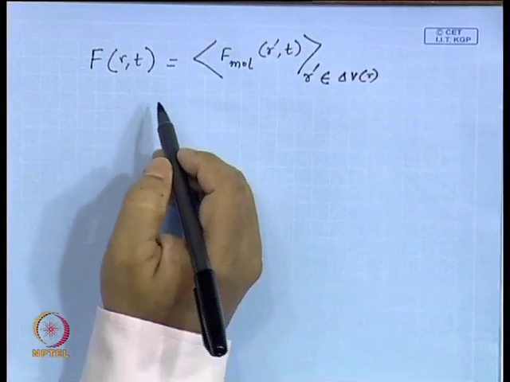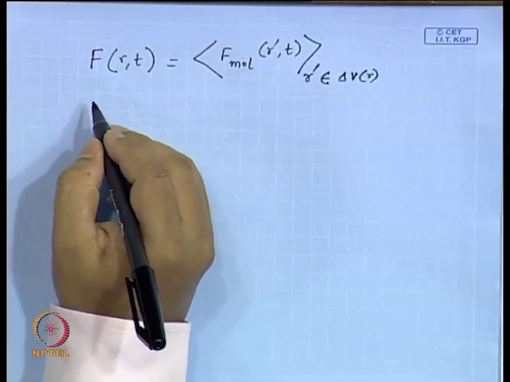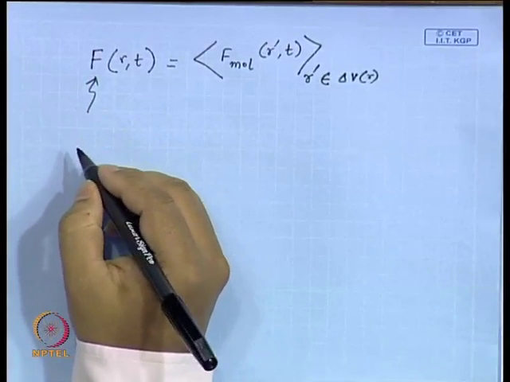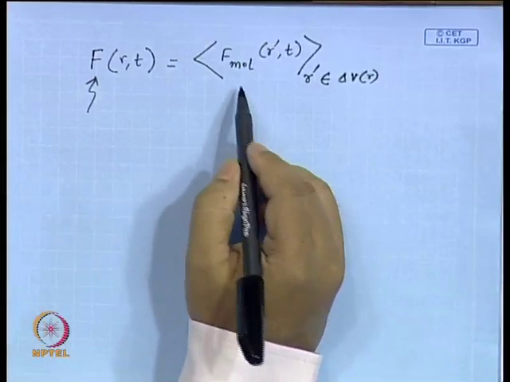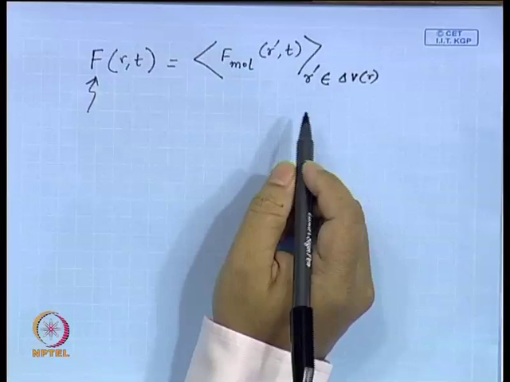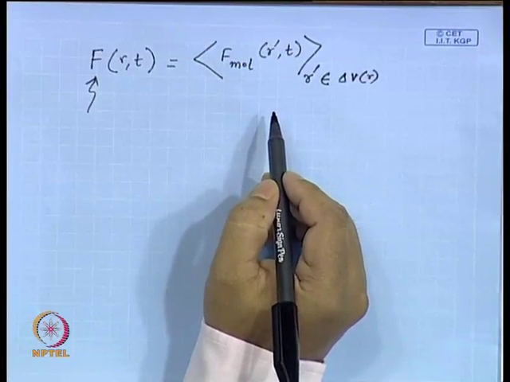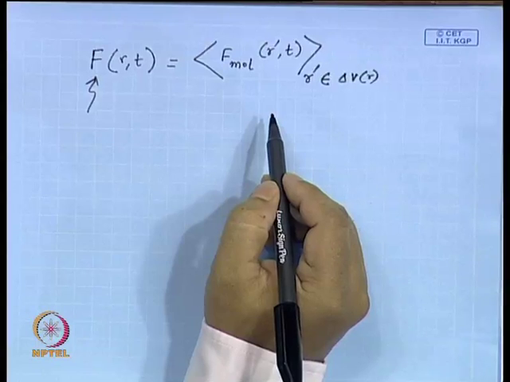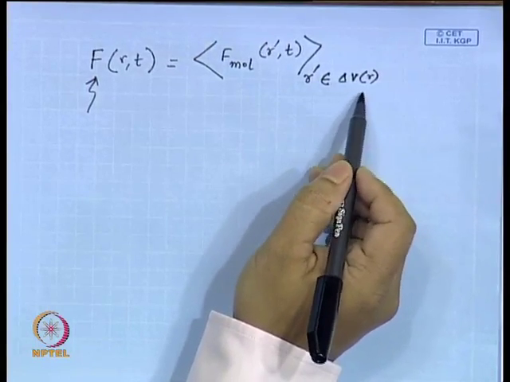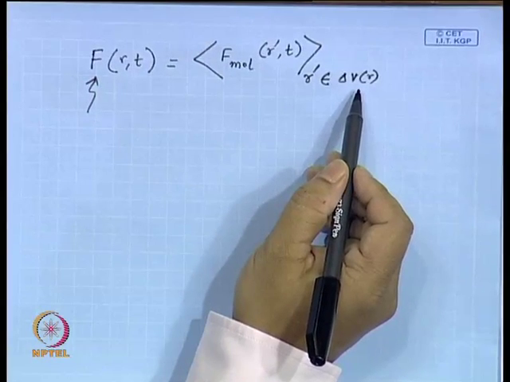So, f(r, t) is defined as the average value of the corresponding molecular quantity f for all molecules contained in some liquid volume of delta V positioned at r at time t.